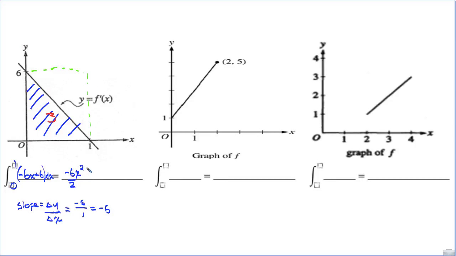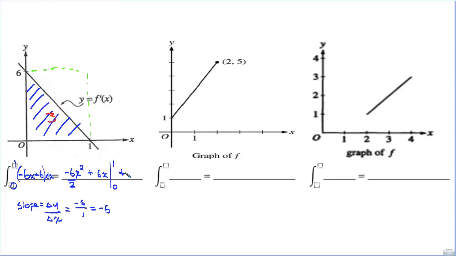And that's going to be evaluated from, actually, you can do the evaluation here from 0 to 1, and then add it to the next one, or you can just do it all at once. I'm going to do it all at once. So that's the first part, and I'm going to say plus 6x, because the integral of 6 is 6x, and everything in here is evaluated between 0 and 1.